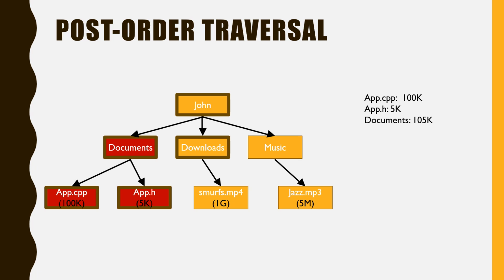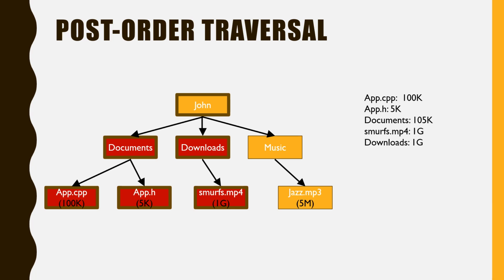Since this node has a child, we must visit its child first before visiting the node itself. We proceed to the child of downloads and reach smurfs.mp4. Since this node has no children, we can visit it directly and record its size. After visiting smurfs.mp4, we have visited all the children of downloads. As a result, we now proceed to visit downloads itself.